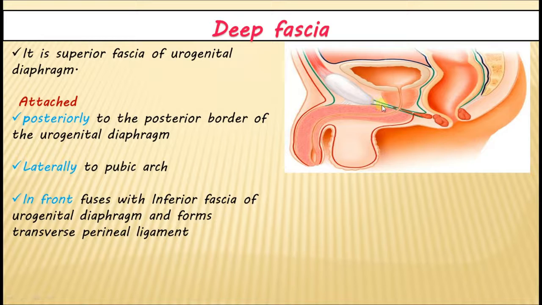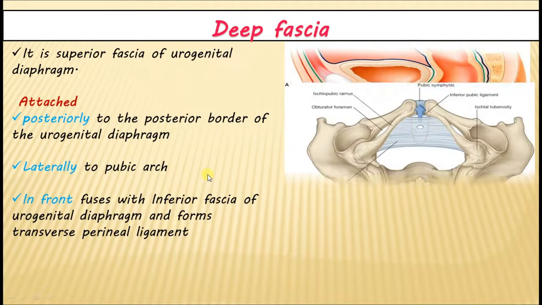This urogenital diaphragm and these two fascial layers I will be discussing again in the deep perineal pouch class. Okay, so that is the deep fascia, which forms the superior fascia of the urogenital diaphragm, that fuses with the perineal membrane posteriorly and also anteriorly. Laterally it is stretching across the pubic arch.